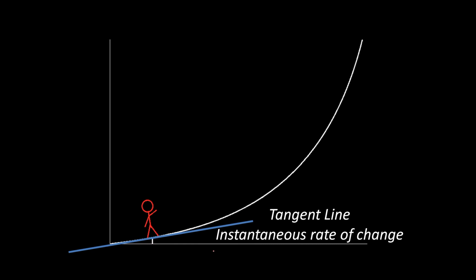The tangent line is also called the instantaneous rate of change. In other words, how are things changing right now, right at this very moment right here? And again, this blue line is just a linear function.